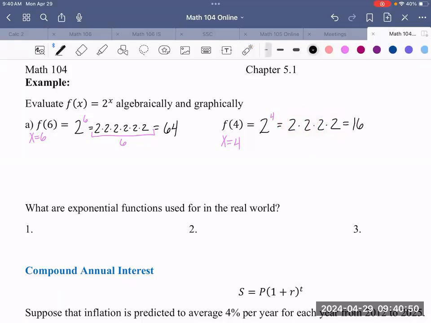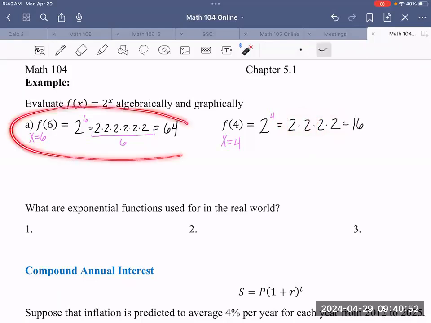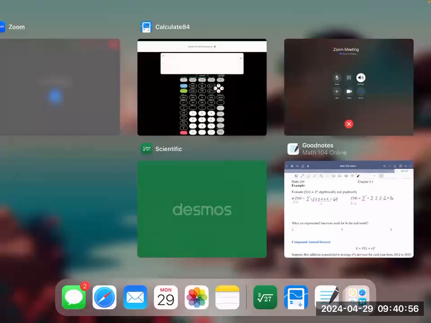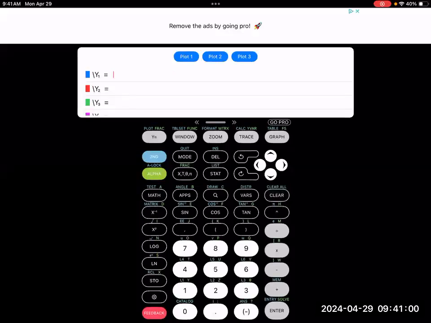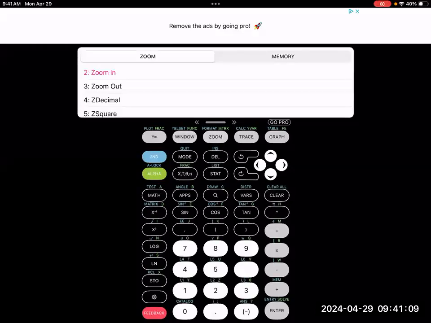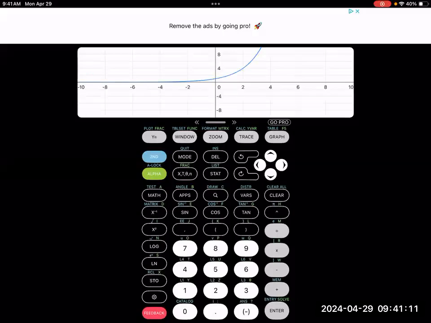Now let's try these graphically. We'll do this one in your TI-84. So if we were doing it graphically, we have y equals 2 to the x. And we are just going to go on a very standard viewing window, and there you have your value.